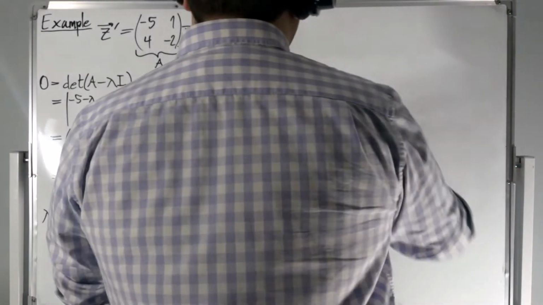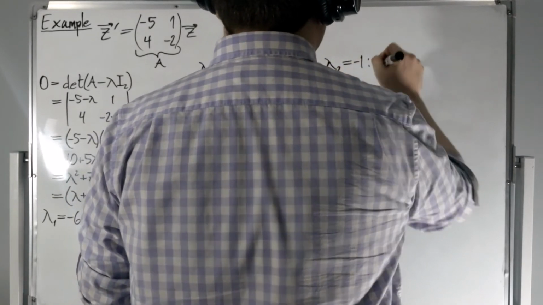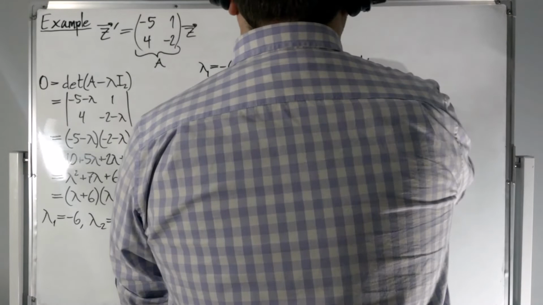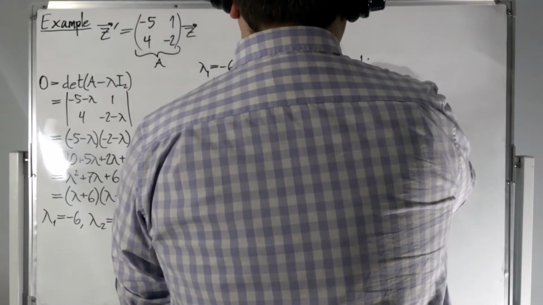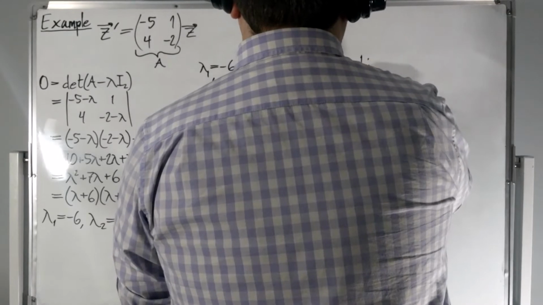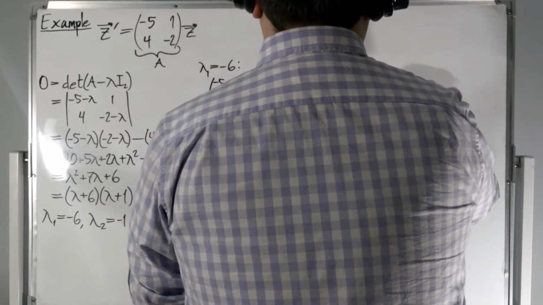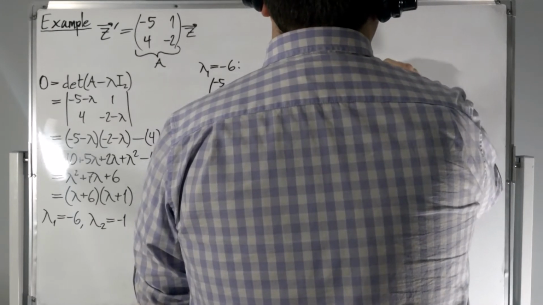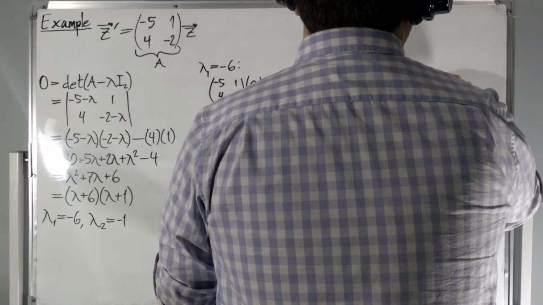Next up, let's find the eigenvectors associated to lambda 2, which is -1. Let me draw a partition here so we don't get confused. Those would be solutions of -5, 1, 4, -2 multiplied by (a, b) equals -1 times (a, b).